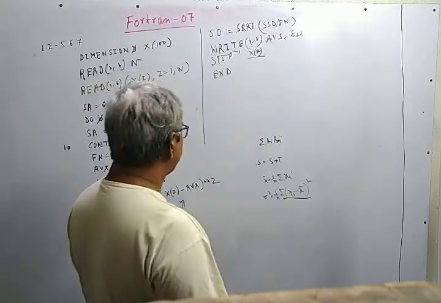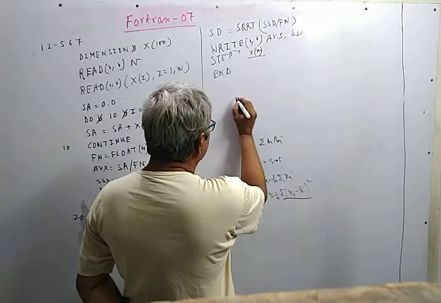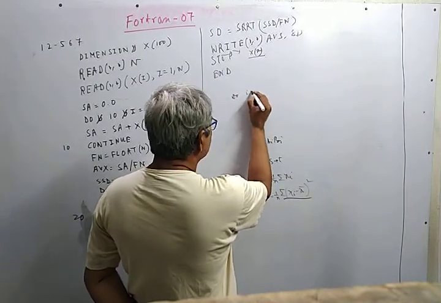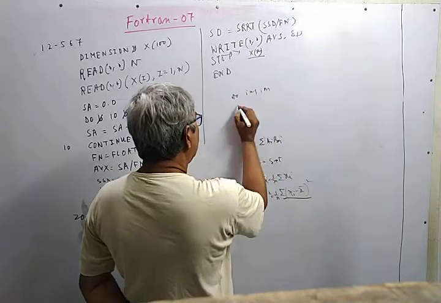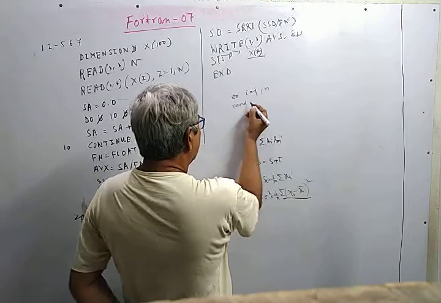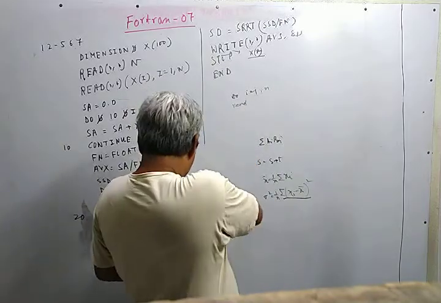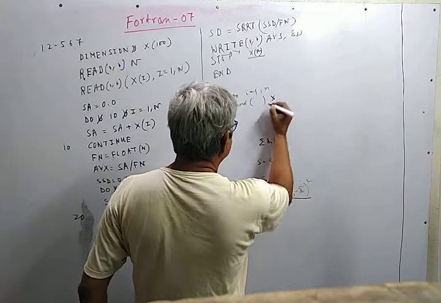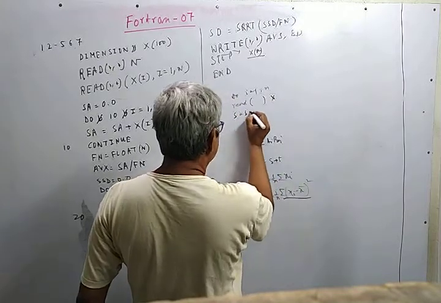On the other hand, in the program that we have done in the earlier case, do I is equal to 1 to n, then read x, s is equal to s plus x.